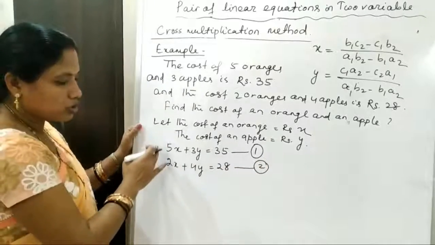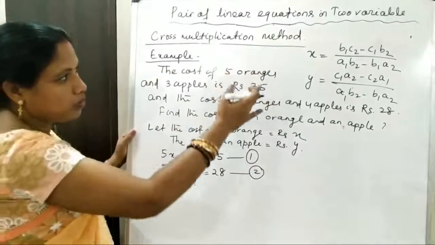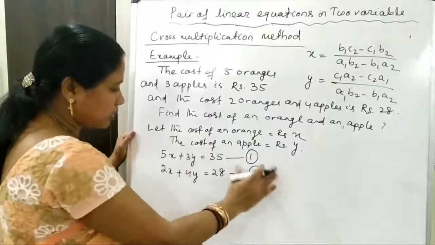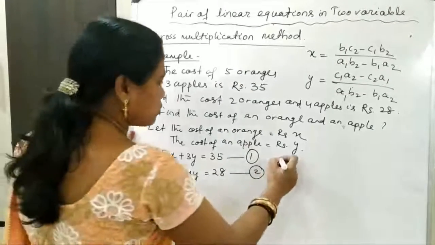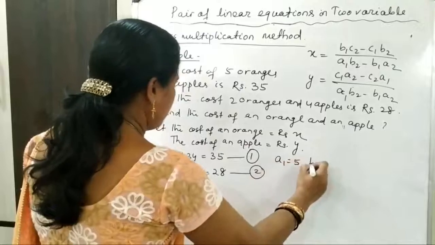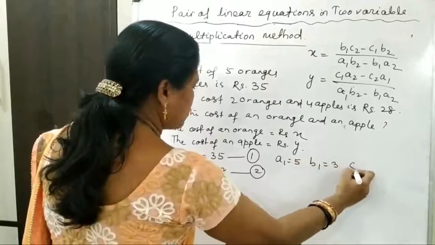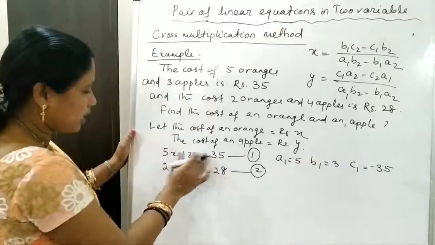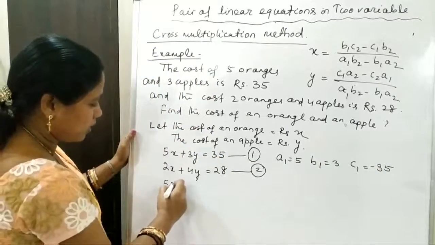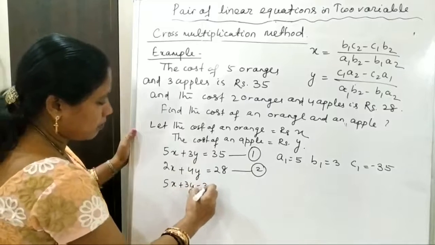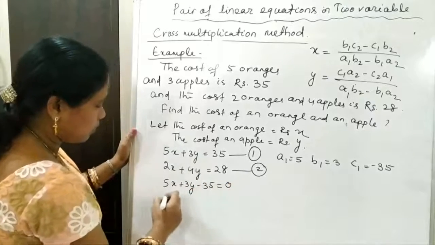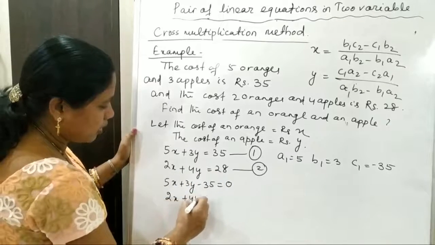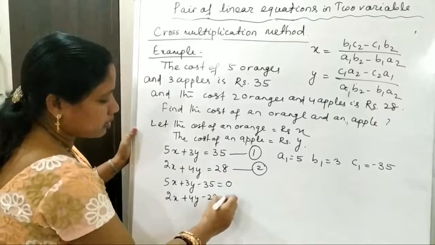Now we will solve these two equations using this formula. First you write a1 b1 c1 a2 b2 c2. Here a1 is equal to 5, b1 is equal to 3 and c1 is equal to minus 35, because the standard form of equation 1 is 5x plus 3y minus 35 is equal to 0. The standard form of the second equation is 2x plus 4y minus 28 is equal to 0.